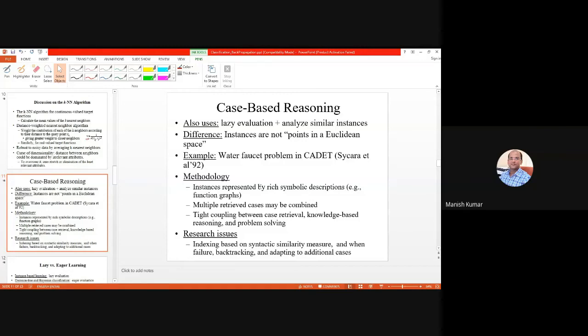What it uses is rich symbolic descriptions, like function graphs. As I told you, the famous problem solved with case-based reasoning was the water faucet problem. That is CADET, a company in USA, and this paper was presented in 1992 by Sycara.